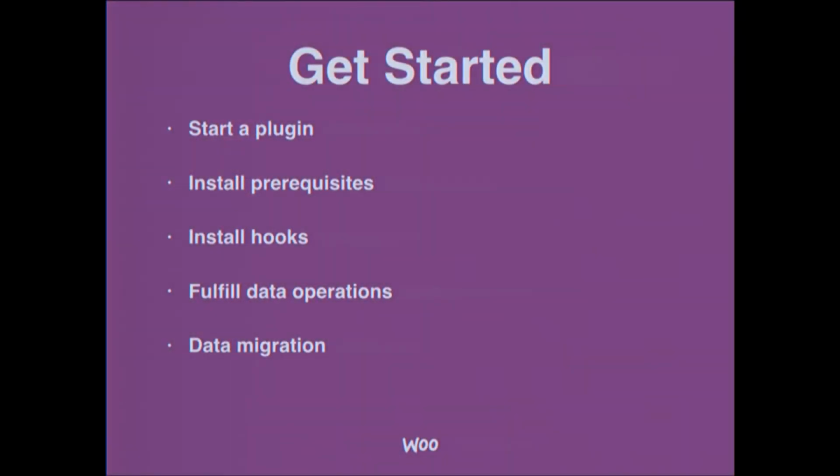Yep. Called it. So if you want to get started with this stuff, these are the steps, right? It's actually pretty easy to do from within a plugin. We've got hooks for it. There are a couple prerequisites, but it's really just the hooks. Whatever data operations you need, and then address data migration.